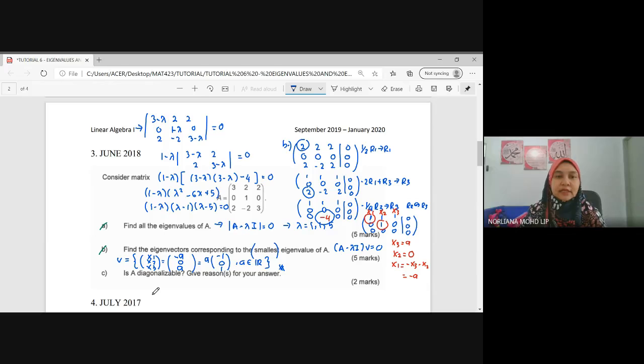Is A diagonalizable? Give reason for your answer. Okay, we use the previous condition to prove this one. P is not given, so we use the previous theorem, previous two conditions.